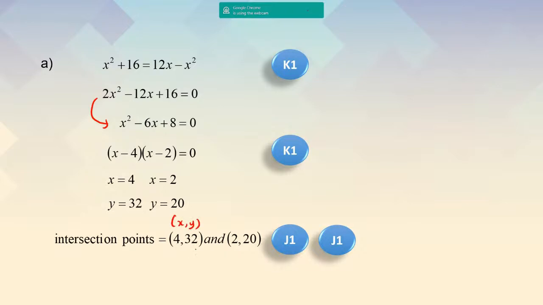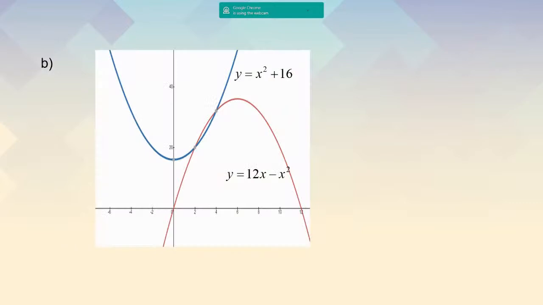Okay, so the answer is (4, 32) and (2, 20). So J1 for the first one, and then the another J1 is for the second point. Okay, next I will proceed with sketching the two curves, sketching the graph.